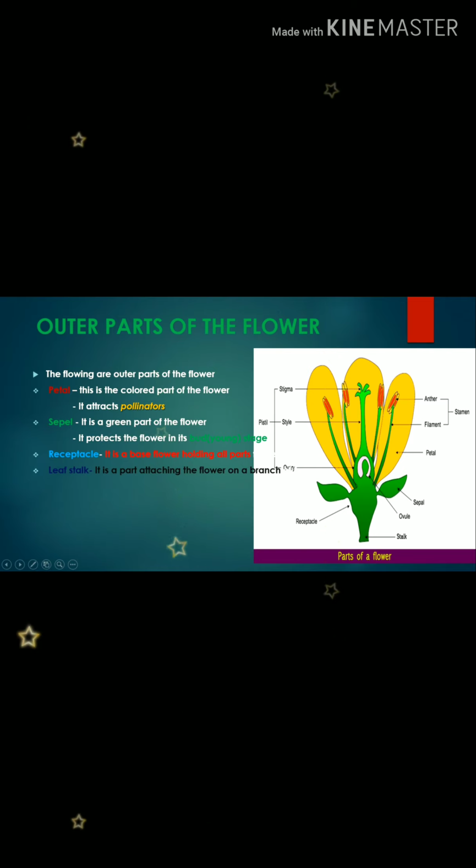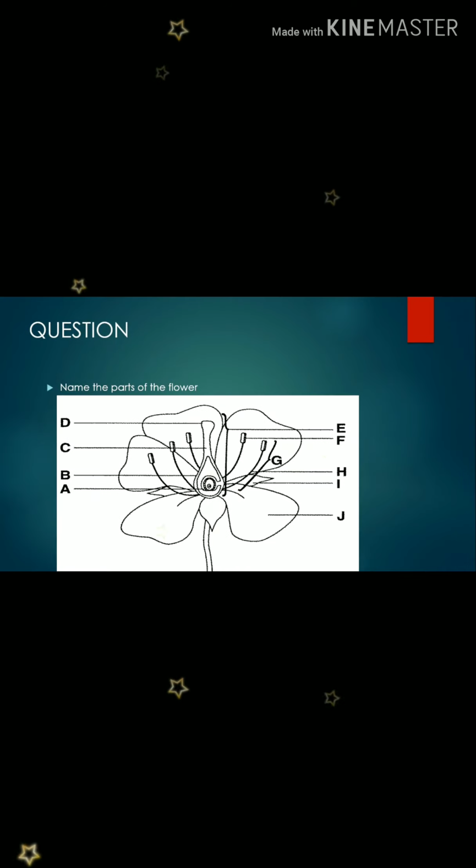Now, after we have discussed, I have one question here. I will ask everybody to answer this question. We have letters A up to J. I will ask everybody to name the parts of the plant from A up to J. But remember, some letters are in a collective term, such as E, which starts from here up to here.